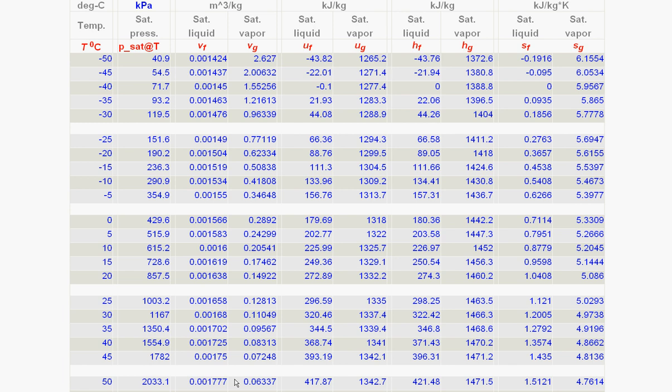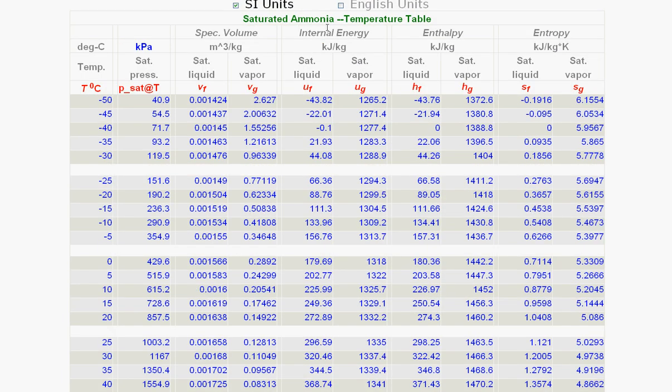And for internal energy, enthalpy, and entropy, we solve for those values the same way we solve for specific volume. It's just going to be the quality times whatever we're looking for in its gaseous phase, plus 1 minus the quality times its liquid state. Exactly the same method, nothing special.